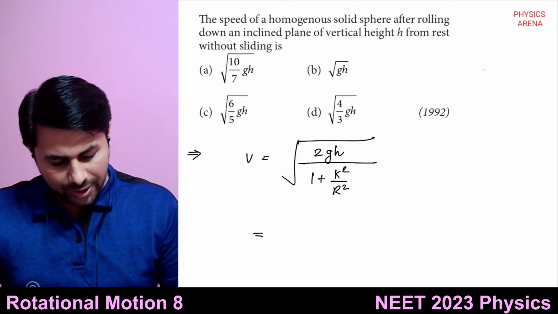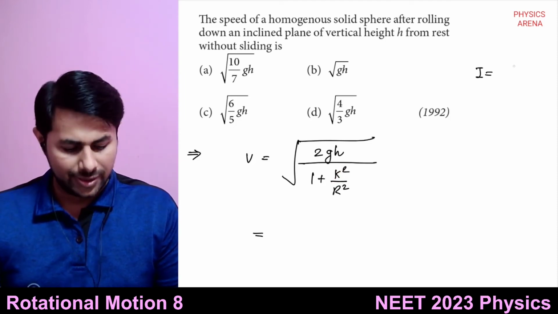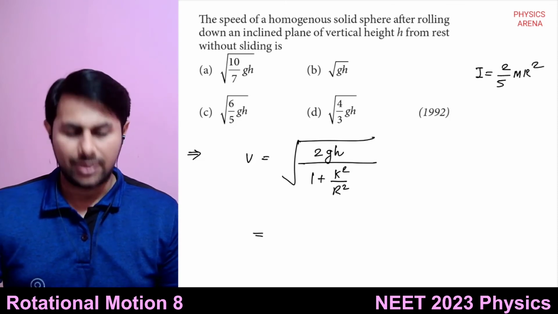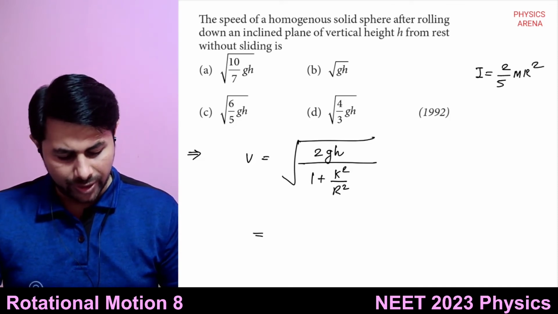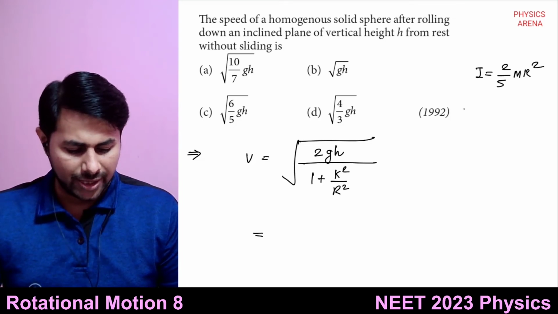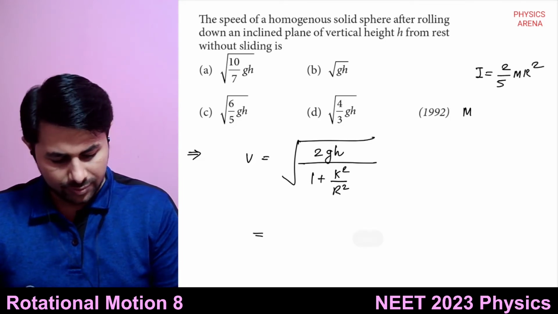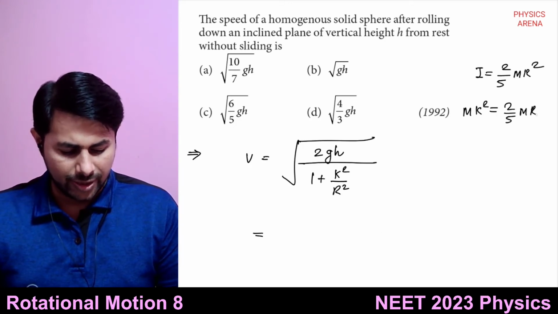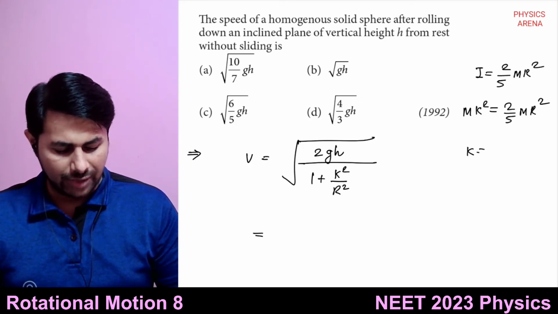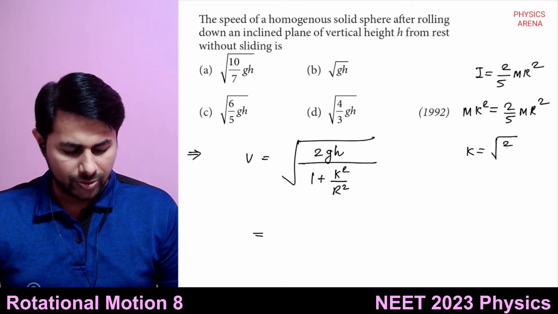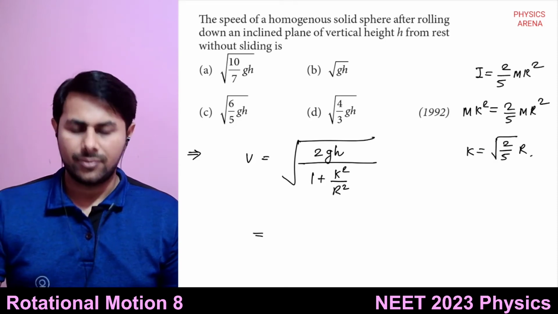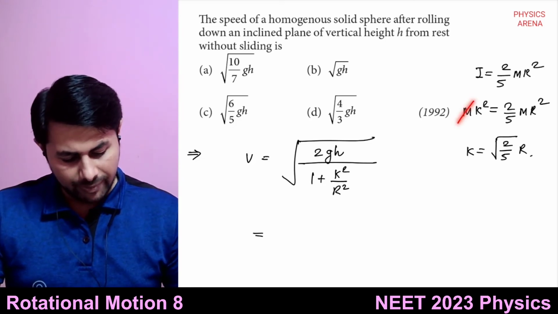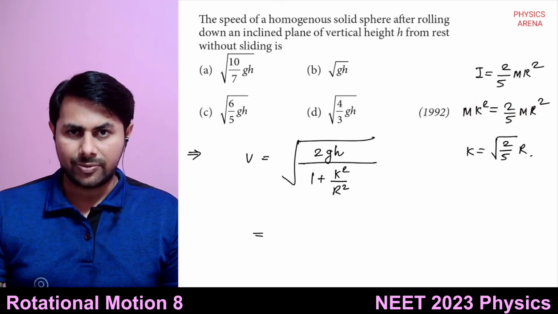The moment of inertia of a solid sphere is 2 by 5 mr square, right? And therefore k will be equal to what? If you equate this to mk square, mk square is equal to 2 by 5 mr square. You can find out k. So k square equals 2 by 5 r square, because this m and m will get cancelled for a solid sphere.